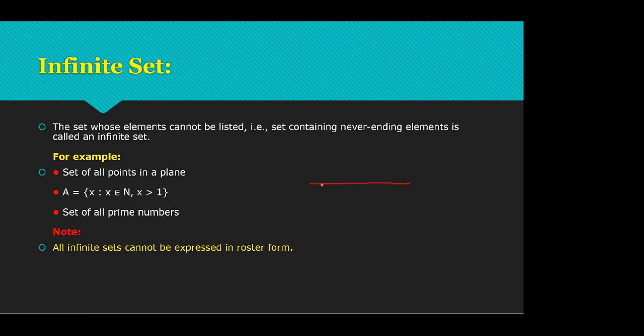Could you tell me how many points are available here? Infinite. Yeah. So, what more if I draw a rectangle? A plain rectangle. So, we cannot count how many points there are. Gets? Yes, sir.